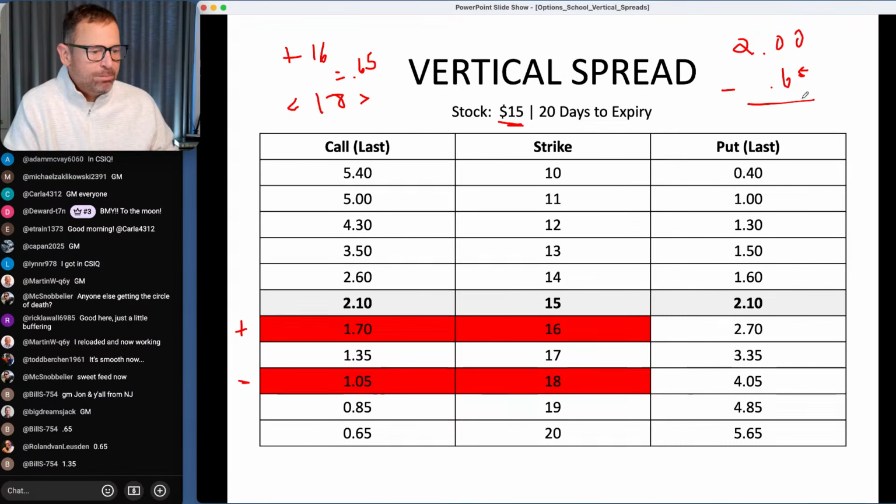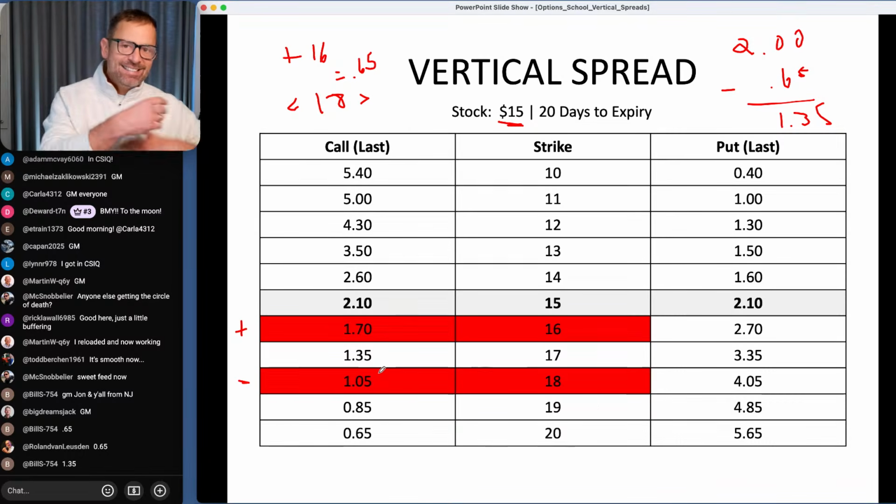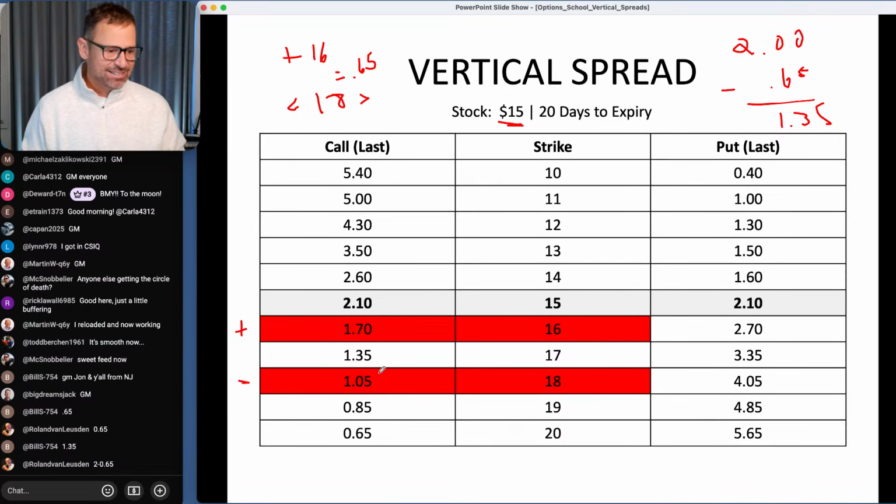So the most that we can make, awesome, is $1.35. It cost 65 cents. The most that you can make is the difference. Yeah, $1.35. That's exactly why we use these vertical spreads.